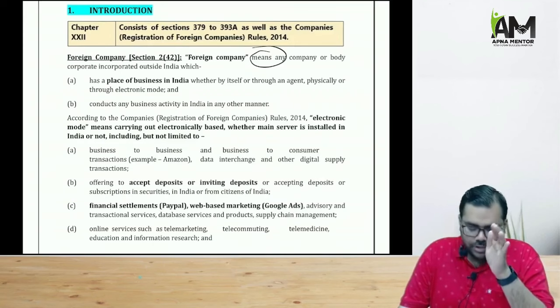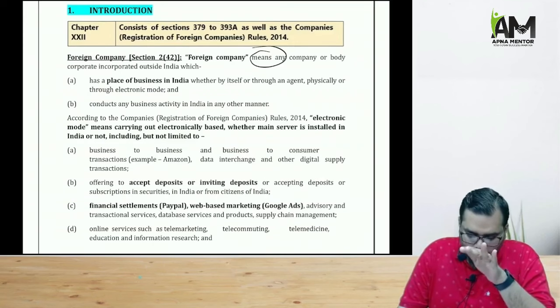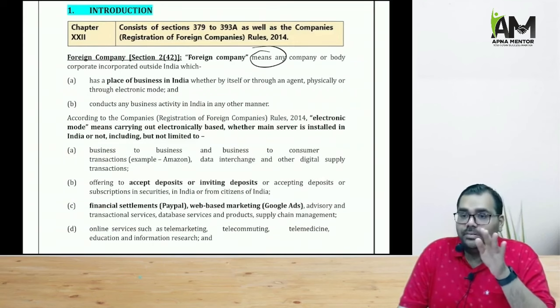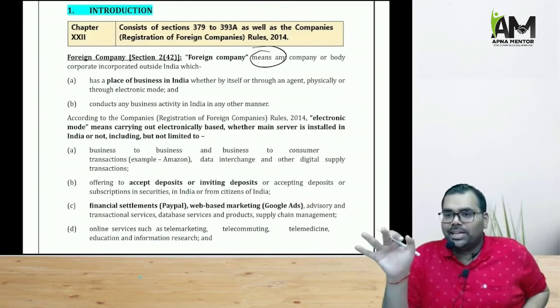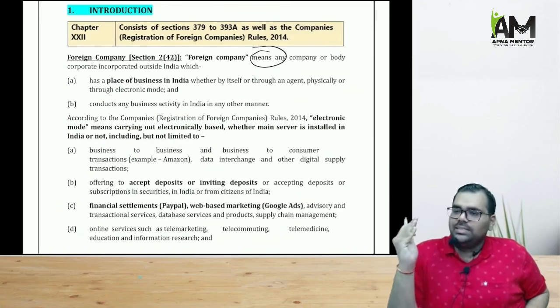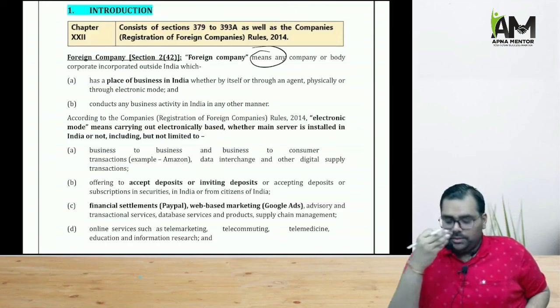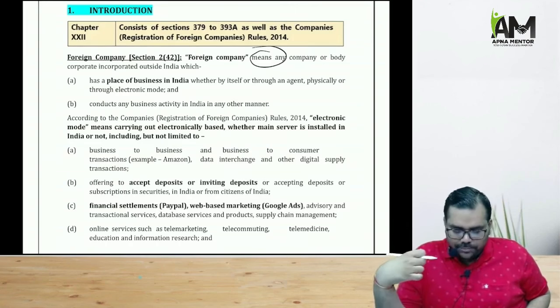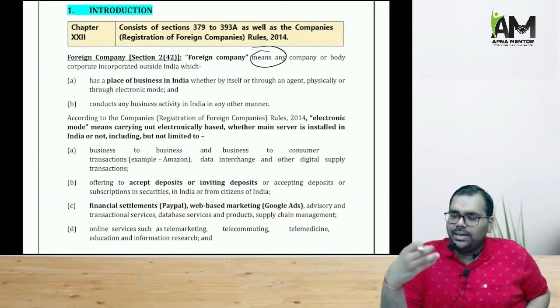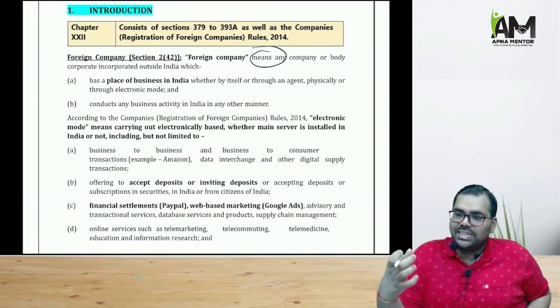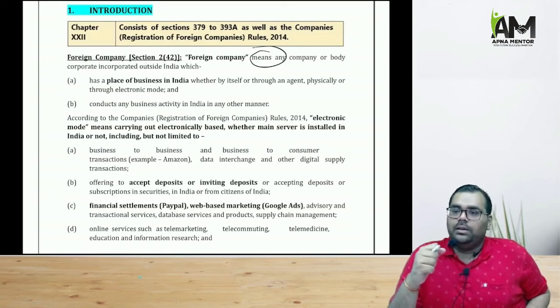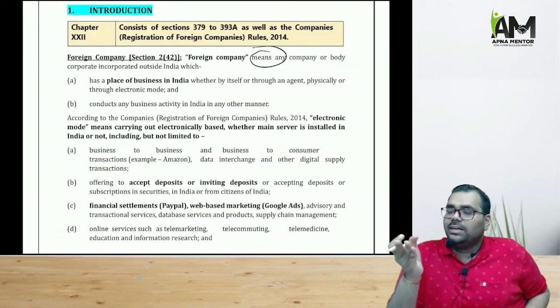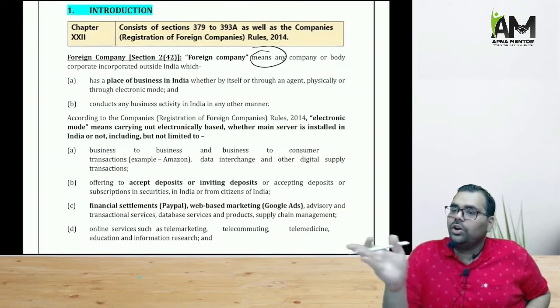Now when we talk about place of business, in the modern scenario the term itself is broad. It is not important that the company is physically sitting and doing business. It may also happen that the company is doing business in India electronically.